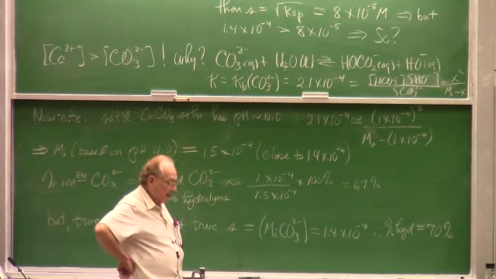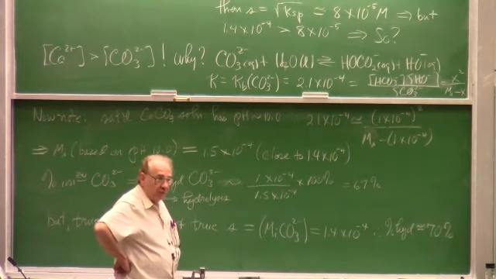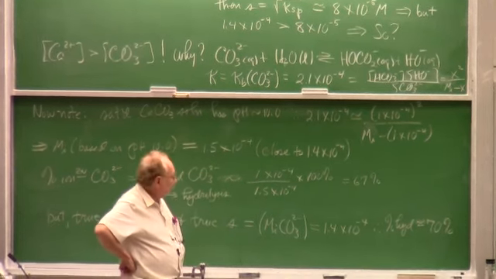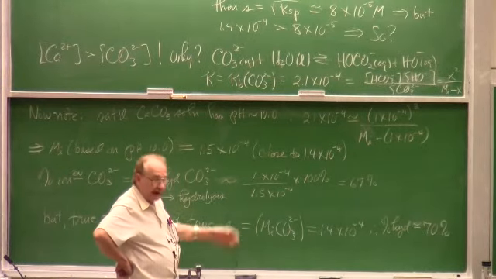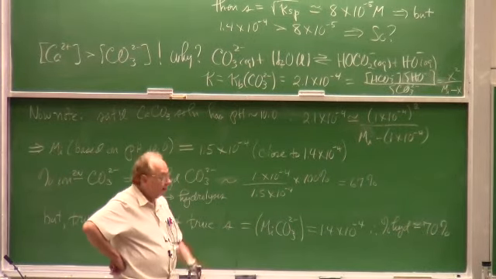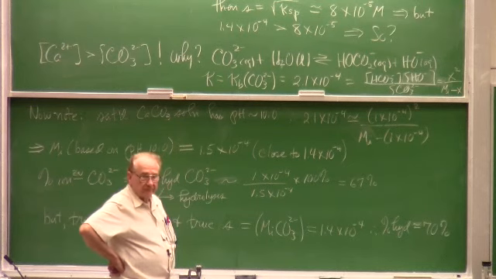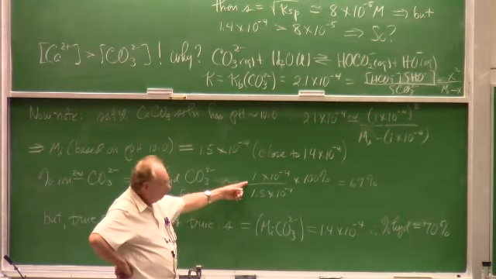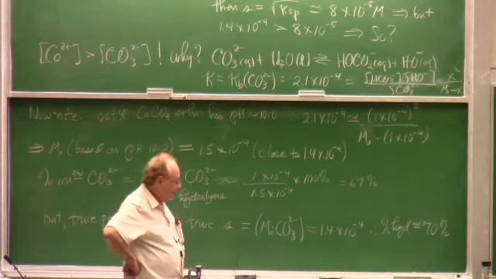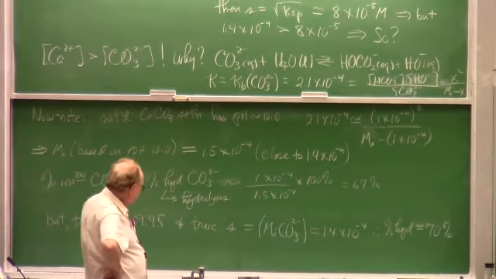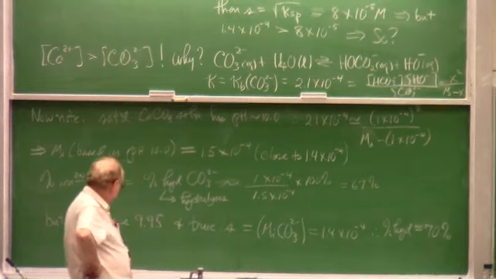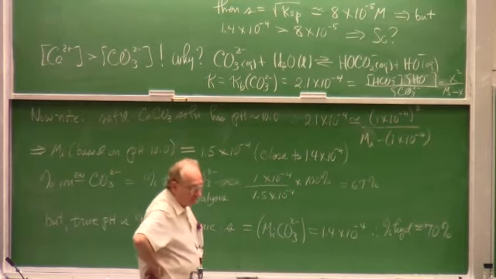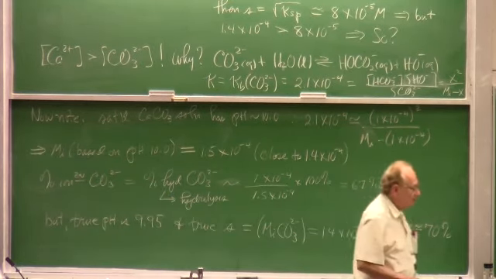We got that up there. And the true pH, so if you put the value in for the bicarb molarity at 9.95 pH, it's pretty close to this. That the percent hydrolysis on the order of 70%. You can put in the numbers and do the arithmetic if you so wish.